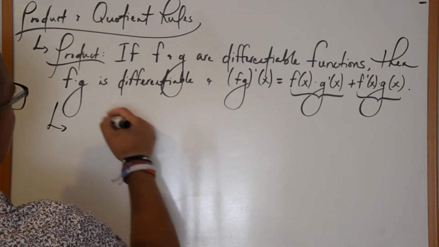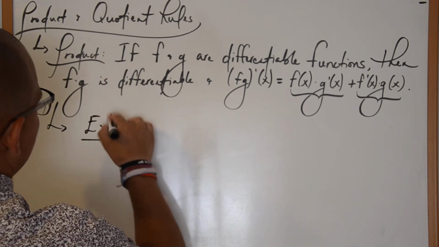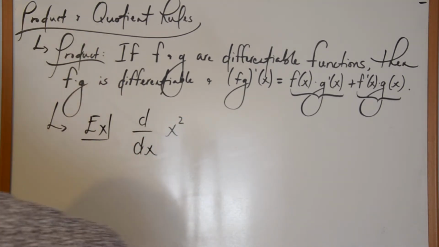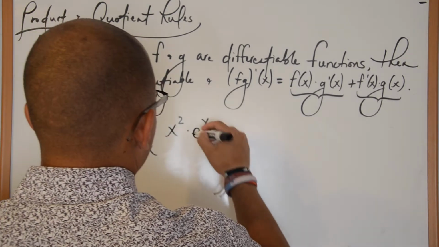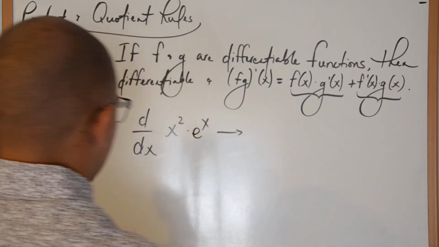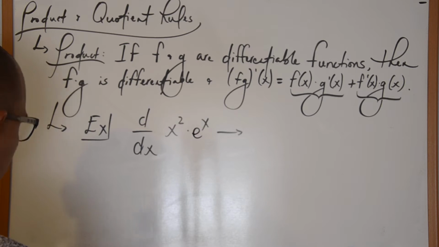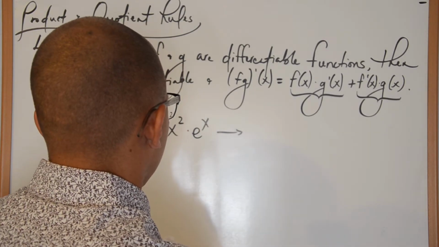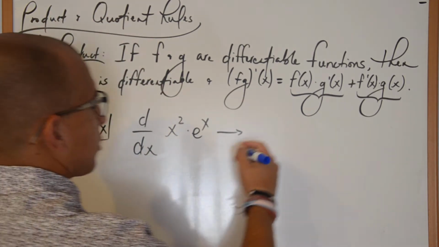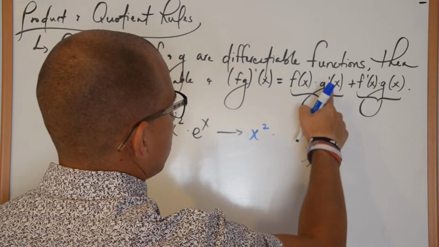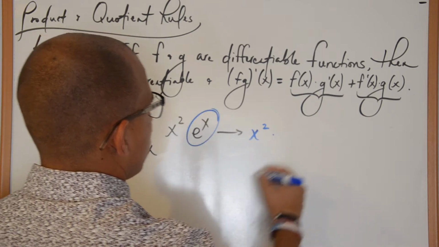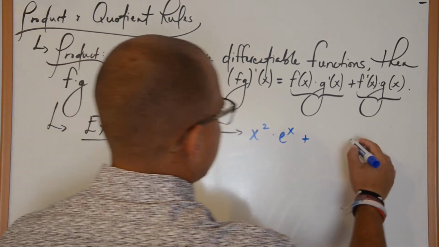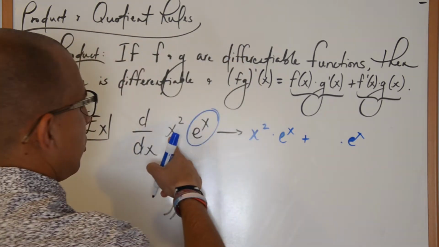So let's say we were tasked with finding the derivative of x squared times e to the x. We do two different colors to help out you visual learners. If we have the first function, x squared, times the derivative of the second, we talked about in the previous video what the derivative of this function is, plus the second function times the derivative of the first.